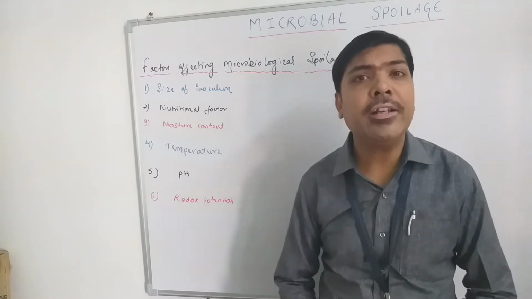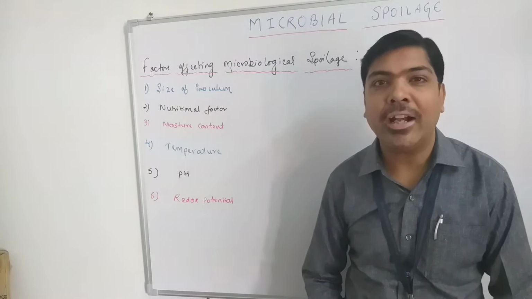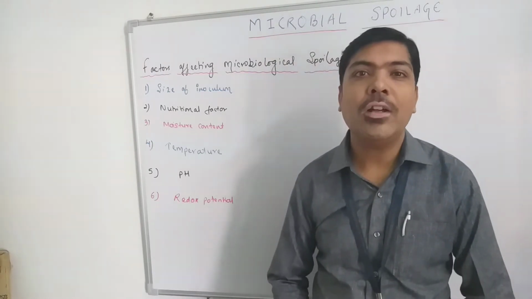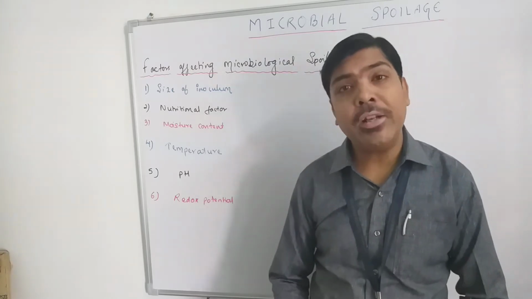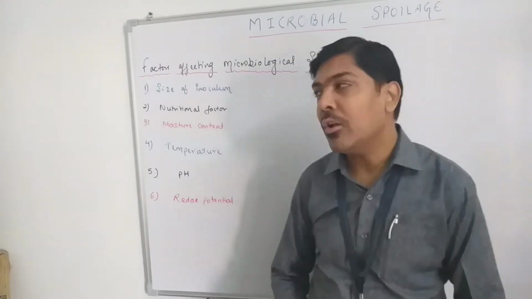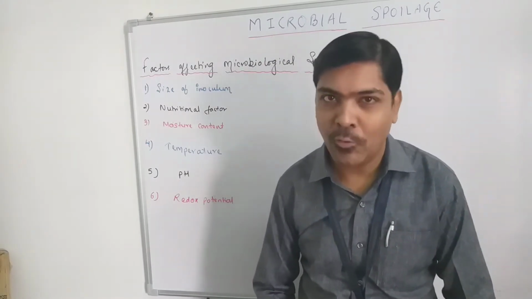These different ingredients can definitely act as a source for the growth of various categories of microorganisms. So in today's video lecture, we'll discuss what factors can affect microbiological spoilage.